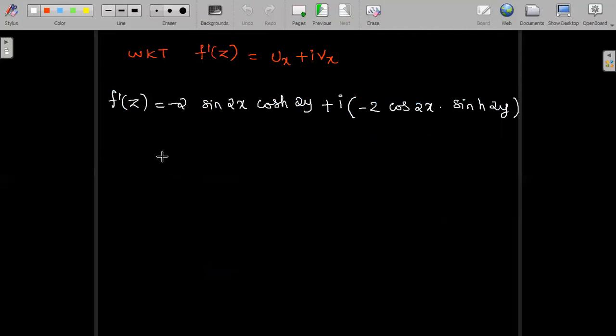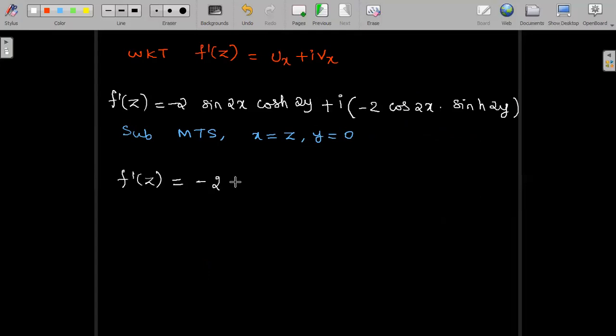Right. Now let us use Milne-Thomson substitution, MTS: x is equal to z and y is equal to 0. See, Milne-Thomson substitution helps us to write down the expression in terms of z. So we need to obtain the derivative f dash of z as a function of z, no? So that is the reason we use Milne-Thomson substitution.